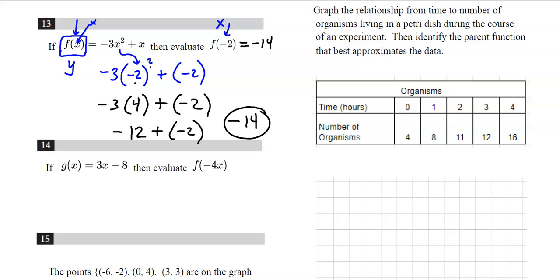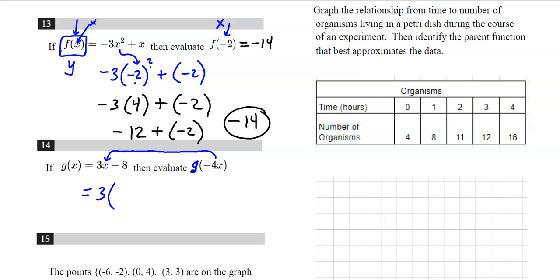All right, move on down to number 9. I think I had a little typo on number 9. I apologize. But it says if g of x equals 3x minus 8, then evaluate. This should have been a g. I think I corrected it in class, but if not, correcting it now. And just like up above, where I plug negative 2 in, I got to plug this whole expression, this whole negative 4x, everywhere where I see an x.